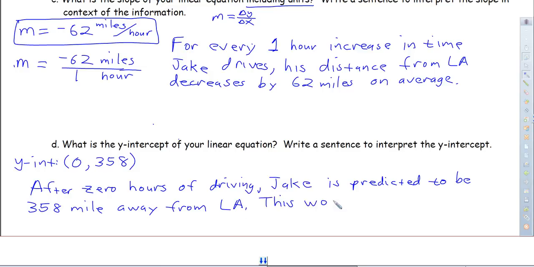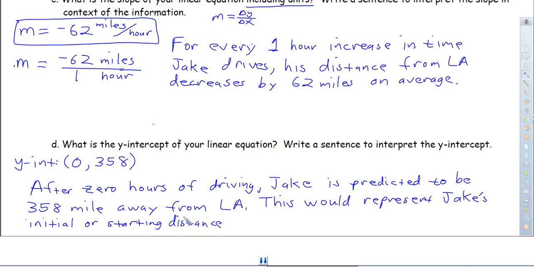This would represent Jake's initial, or starting distance from LA.